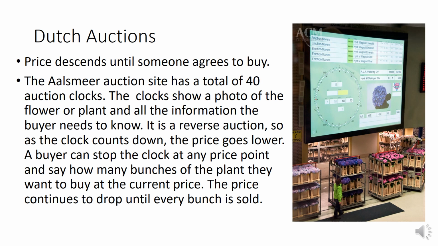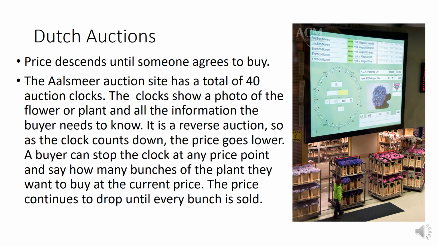Now, though your willingness to pay was $7, you might not bid that, right? So what's the strategy? Let me first reiterate. Dutch auctions, the price descends until someone agrees to buy. Agreeing to buy ends the auction. They're called Dutch auctions because of the fresh cut flower market in Amsterdam.